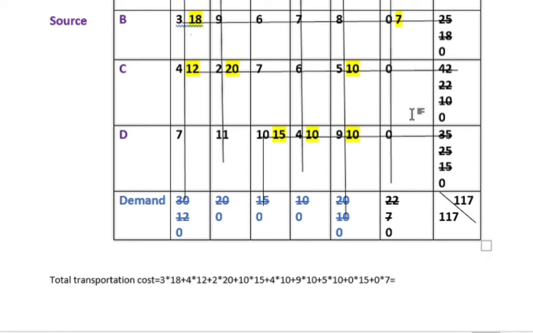Total transportation cost will be 472 rupees.